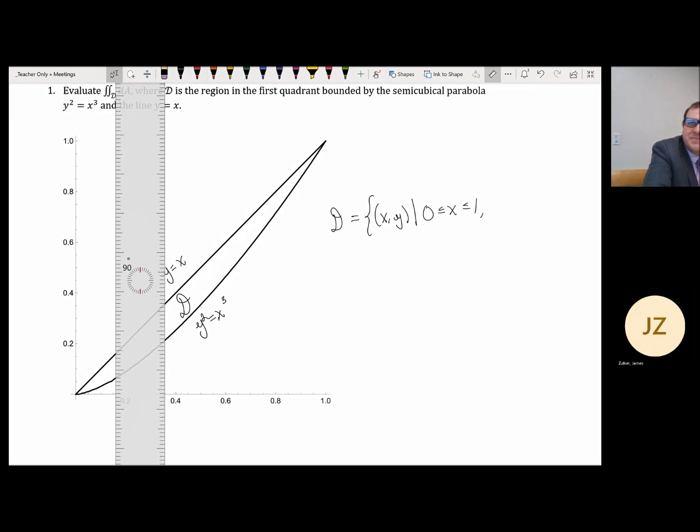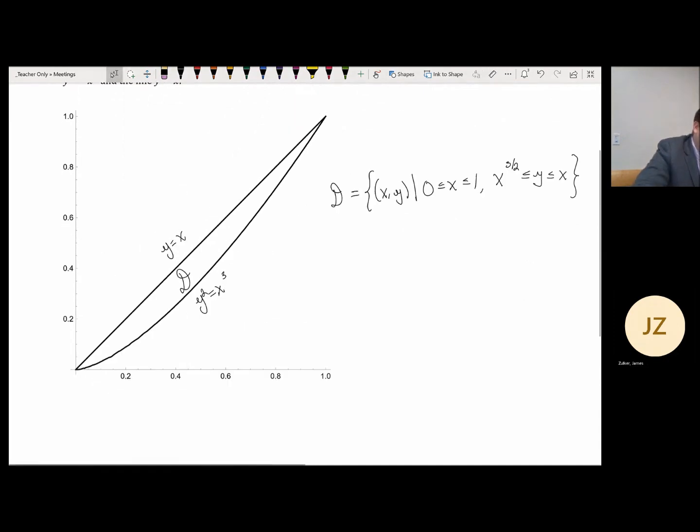That's a function of y. Function of x would be x to the 3 halves, right? If we were doing the other way, it'd be y to the 2/3. So y will go from x to the 3 halves to x.